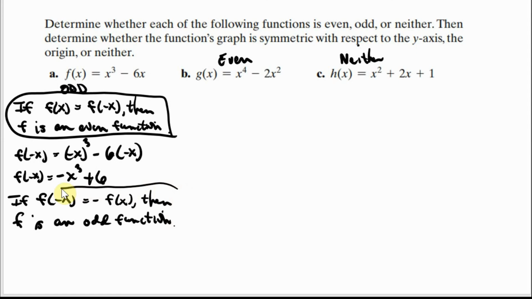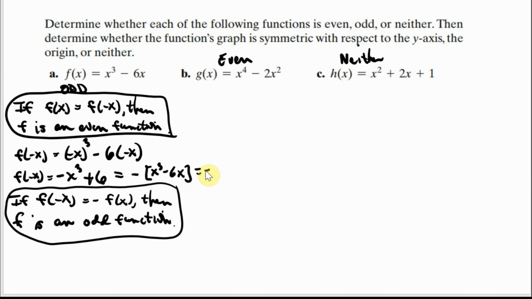That makes sense for part A. Because watch this. This guy is equal to negative times brackets x to the third minus 6x, which is equal to negative f of x.